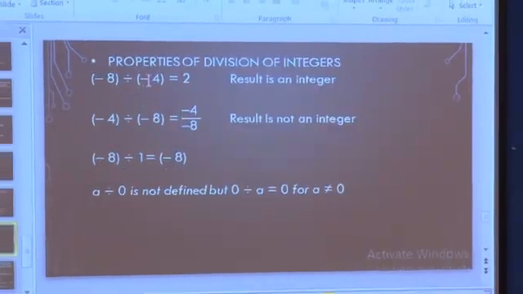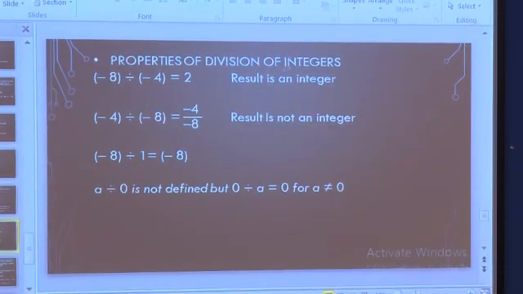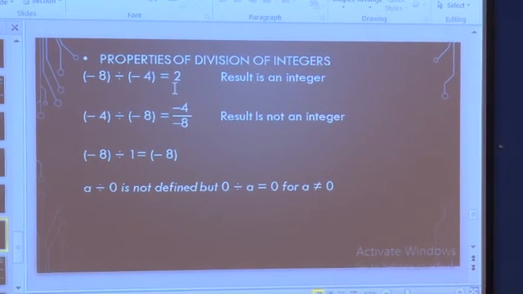Now we will see the properties of division of integers. Everyone remembers that we had seen the properties of multiplication, addition and subtraction. Now, last, we will see the properties of division of integers. Very simple, here we are dividing two negative integers and getting a positive integer. So, when we divide a negative integer by a negative integer, we get a positive integer.